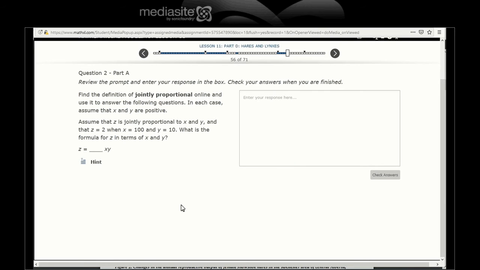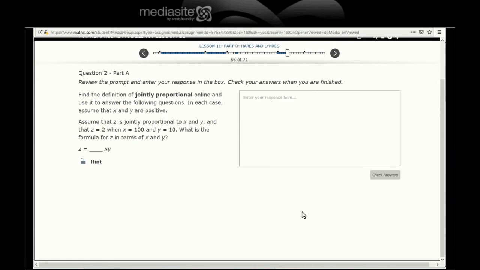Now let's see. Find the definition of jointly proportional online and use it to answer the following question. In each case, assume that x and y are positive. So, go on pause and look up jointly proportional and what it means. So what did you find?